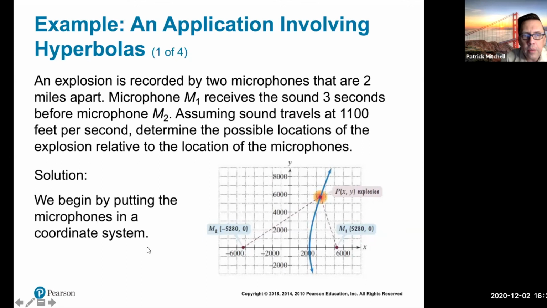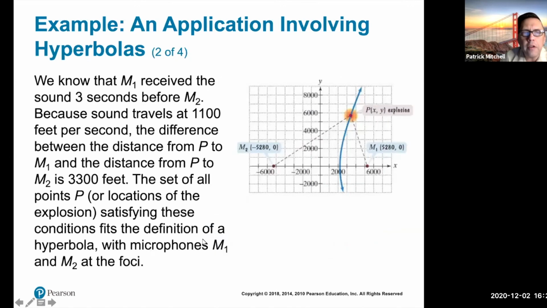All right, so then we know that M1 received the sound 3 seconds before M2. Because sound travels at 1,100 feet per second, the difference between the distance from P to M1 and the distance from P to M2 is 3,300 feet.